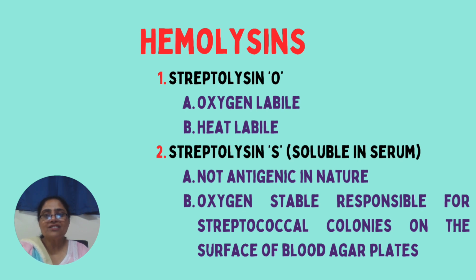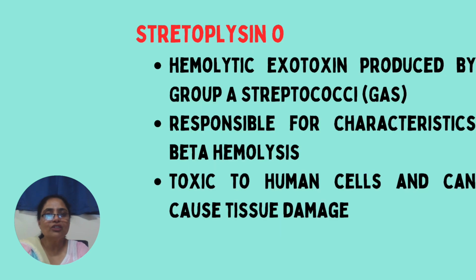This oxygen stable compound is the one because of which this streptococci can survive on the surface of blood agar plates, and it can tolerate oxygen up to a certain level, while streptolysin O is not able to tolerate the presence of oxygen. So when we are growing it on the artificial media, that is on blood agar plates, streptolysin S is helping for the growth or colonization of the bacteria.